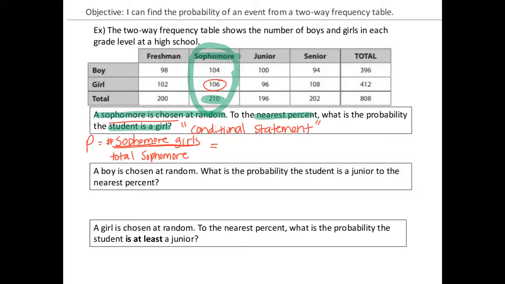The number of sophomore girls is 106 over, this time I don't divide by 808, this time I'm dividing by 210, because specifically they're choosing a sophomore.